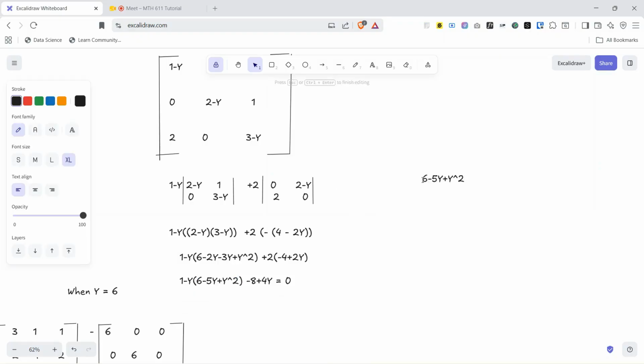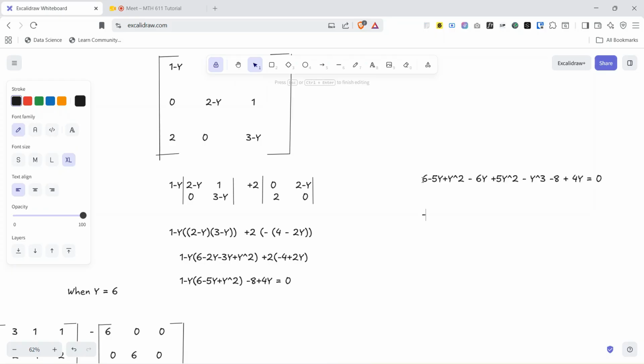Minus 6y, 6 lambda plus 5 lambda square. The reason it's plus is because minus lambda times minus 5 lambda, then minus lambda cube minus y times y square. So minus 8 plus 4 lambda equals to 0.